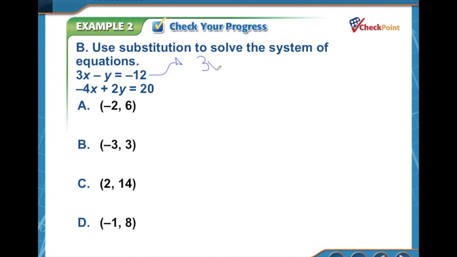So I get 3x is equal to y minus 12. To get from here to here, I just added y to both sides. On the left they cancel out, on the right I just get 1y. Now I want the 12 to go away because I want the y by itself. So I'll add 12 to both sides, and y would equal 3x plus 12.